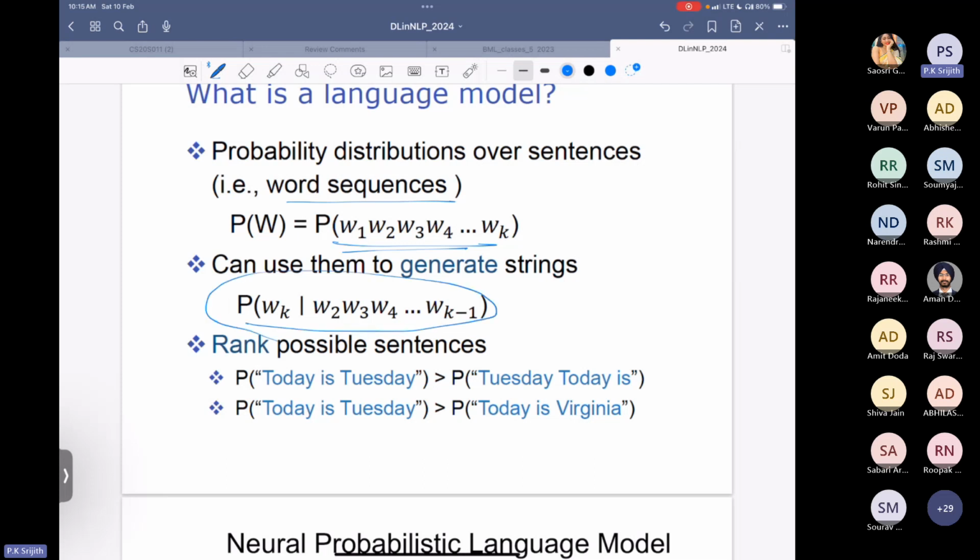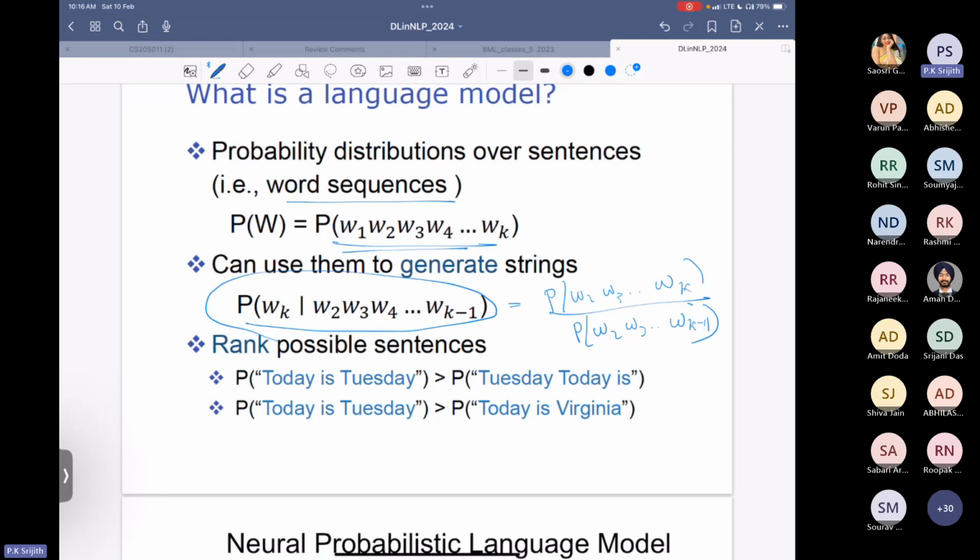Of course, we know that we can obtain this conditional distribution if we know the joint distribution over all these sequences of words. We can write this conditional distribution as probability of W2, W3 up to Wk divided by probability of W2, W3 up to Wk minus 1.